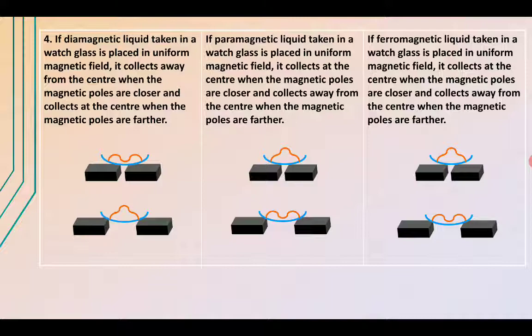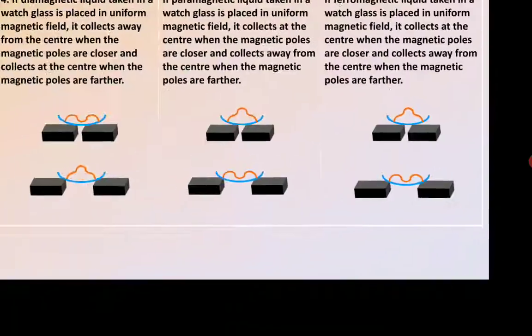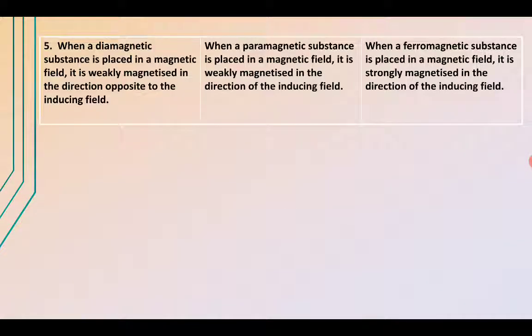Now we are having some more points of difference between these ferromagnetic and diamagnetic substances, as when they are placed in a magnetic field, diamagnetic substance gets weakly magnetized opposite to the magnetic field, paramagnetic substance weakly magnetized along the direction of the magnetic field, and the ferromagnetic substance strongly magnetized in the direction of the induced field.